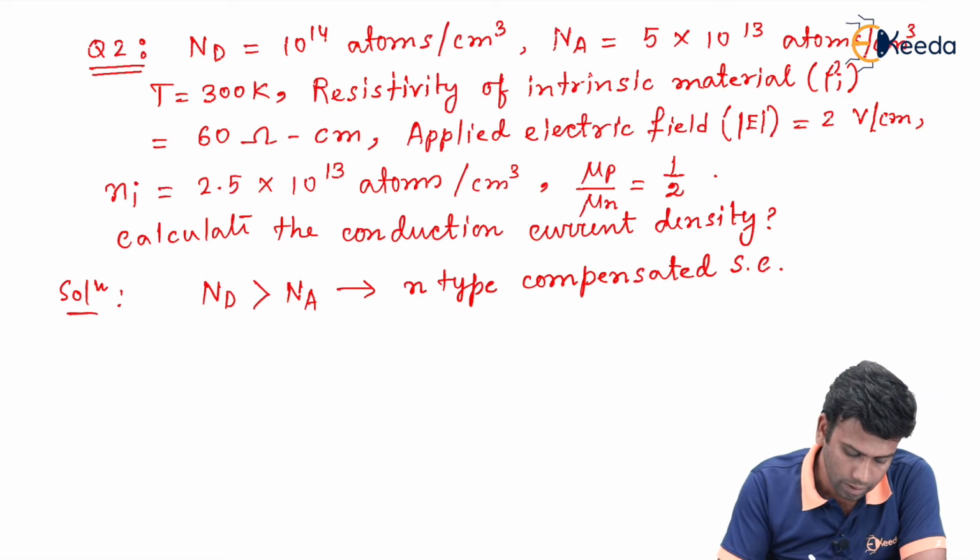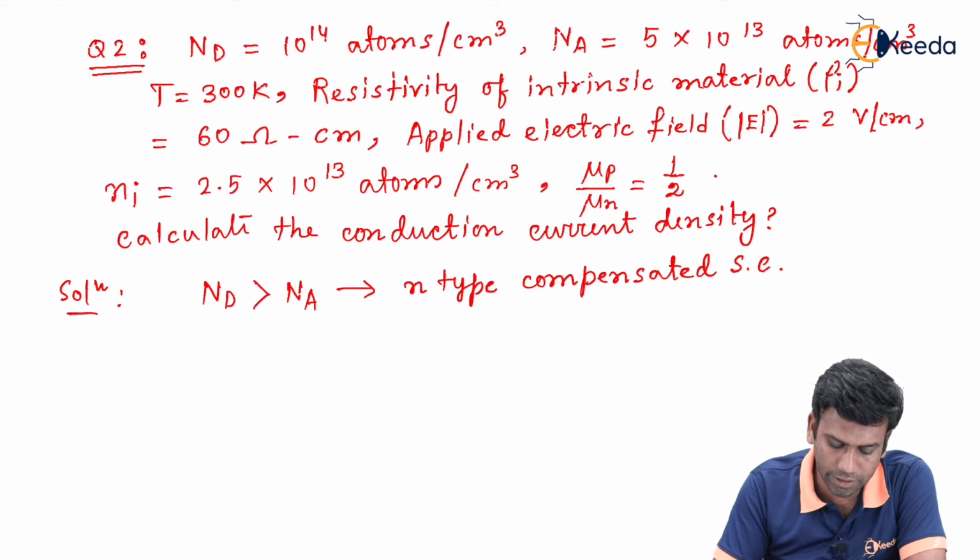It is also given that the temperature is 300 K, which is room temperature, and the resistivity of the intrinsic material, that is rho I, is given by 60 ohm centimeter, and the applied electric field, that is mod of capital E, is given by 2 volt per centimeter.